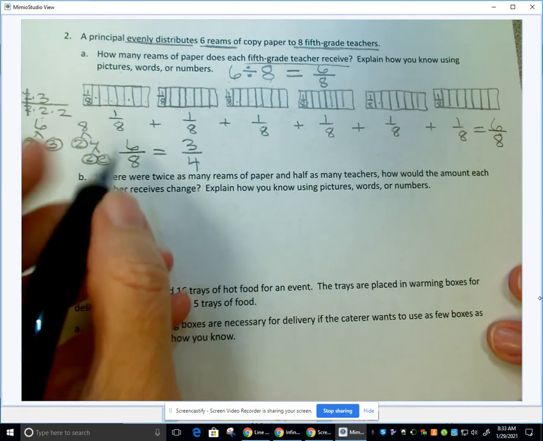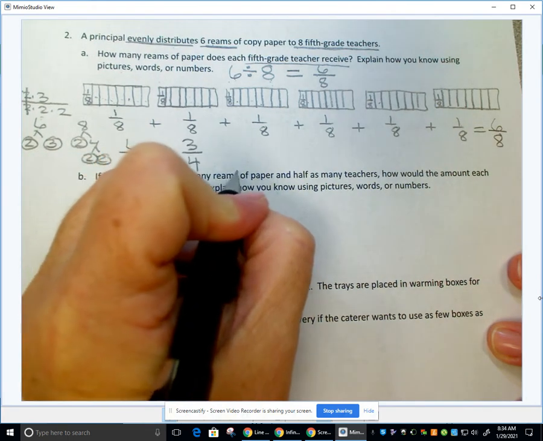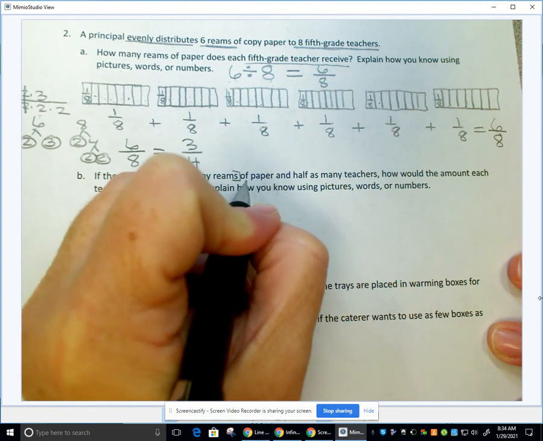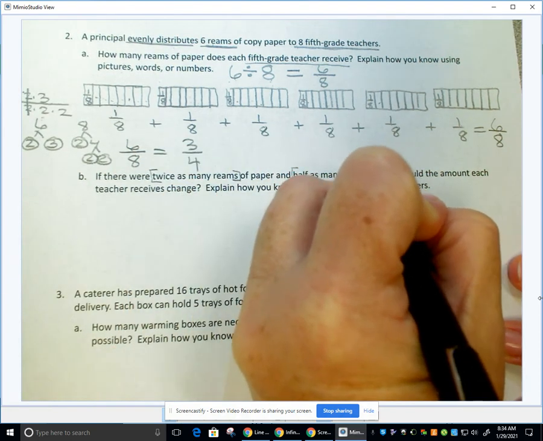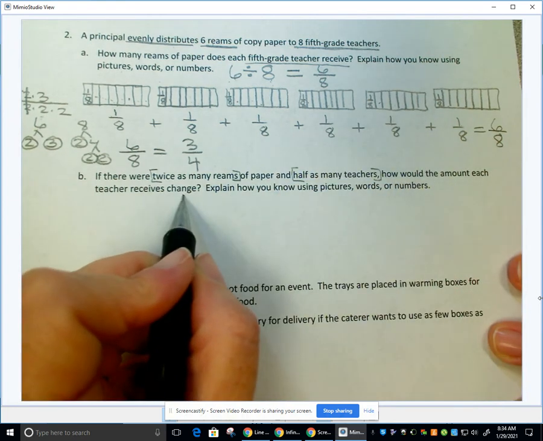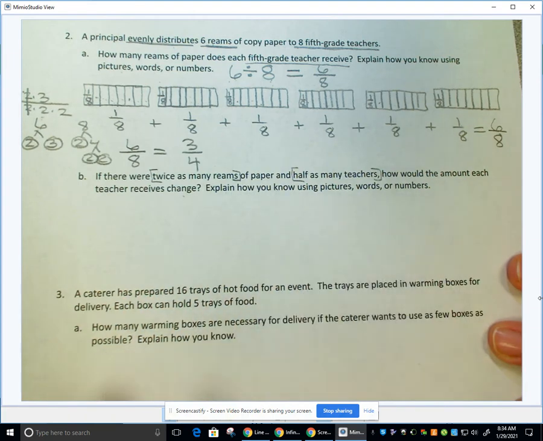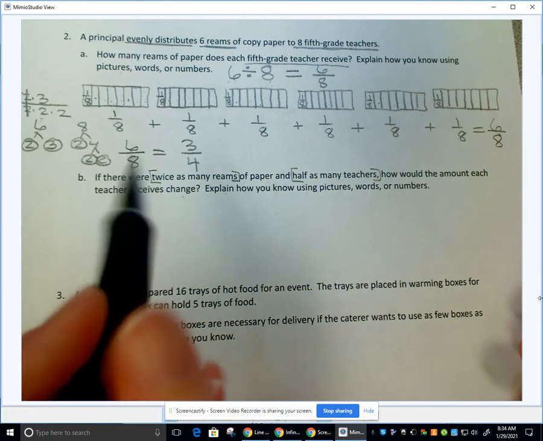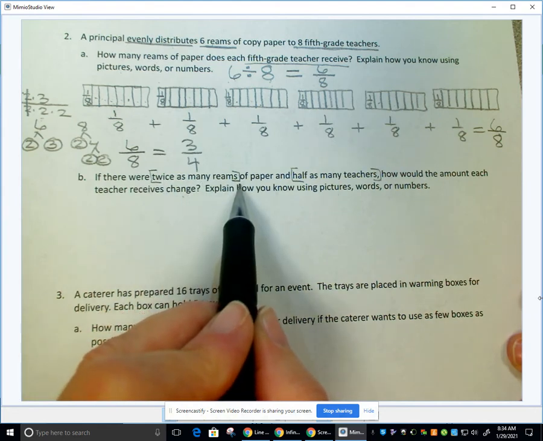Now, if there were twice as many reams of paper and half as many teachers, how would the amount each teacher receives change? Explain how you know using pictures, words, or numbers. Well, let's see. There were twice as many reams.